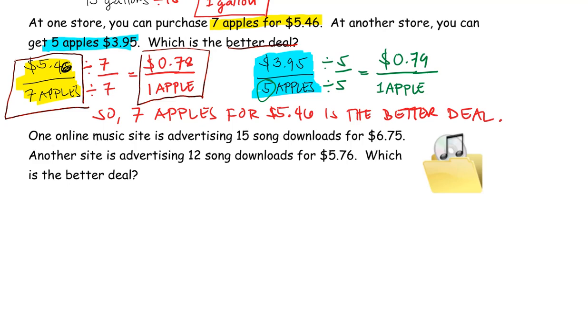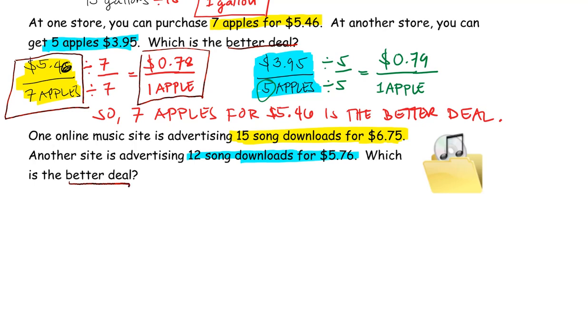So that's my basis of my first rate. It talks about the number of songs and the amount or the money that is involved. And the second rate, another site is advertising 12 songs for $5.76. Which do you think is the better deal?